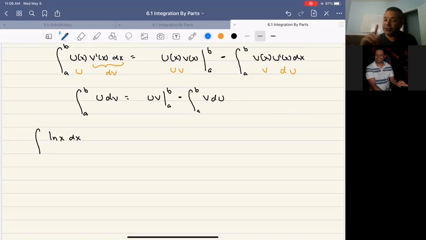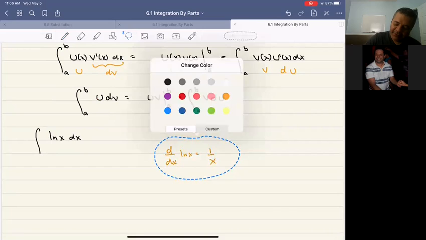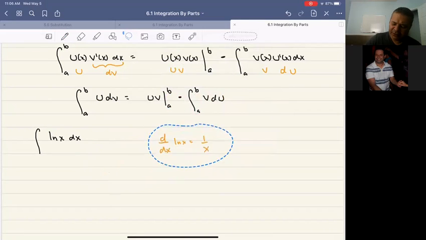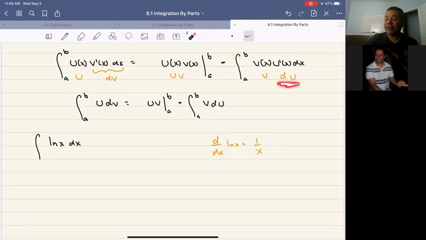I do know the derivative of natural log of x, right? I know that. So that's really going to help me out. That means natural log of x should be my u, because over here I'm looking for something I know the derivative of.